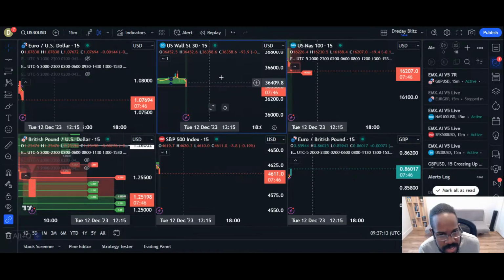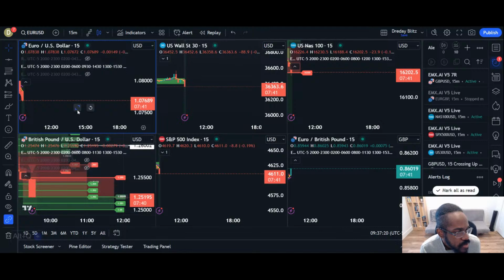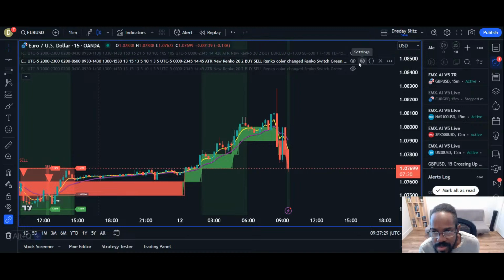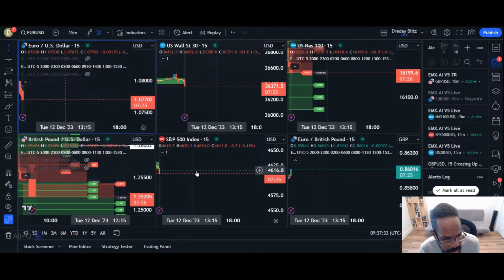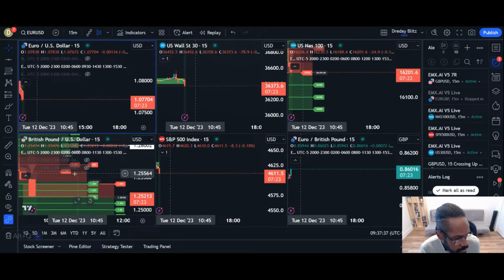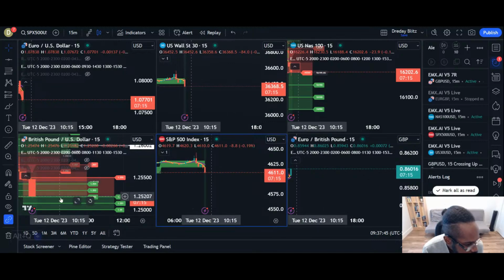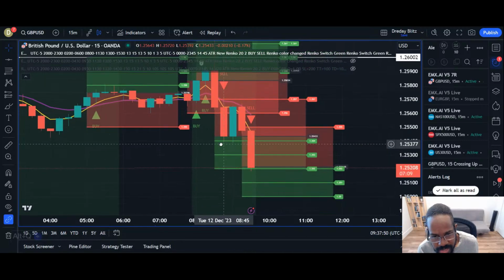So looking for sells here on the indices and on the forex pairs. It's selling off on the Euro USD, GBP USD is selling off right now. But we'll see how everything goes off of that.